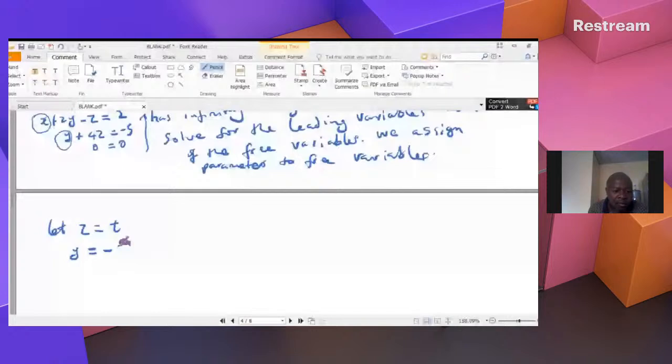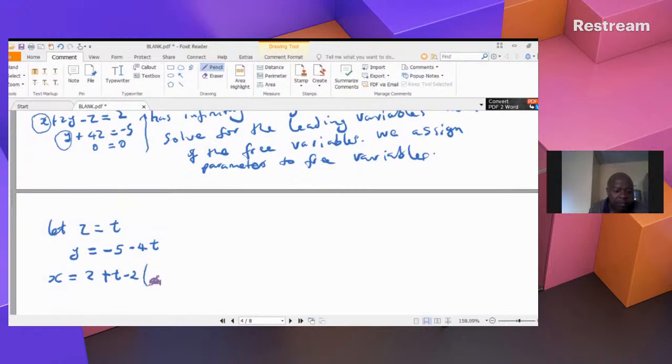Then we come to the other equation. You see that x is 2 plus z, moving this to the other side, but that is t, and then minus 2y.